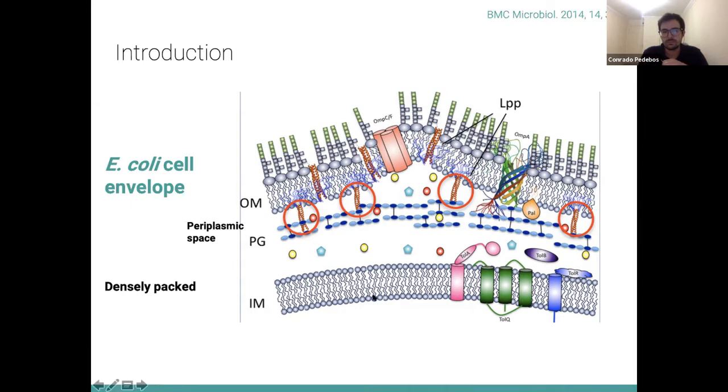Then we have the inner membrane, which separates the cytosol from the rest of the molecules. Between these two membranes, we have the periplasmic space. And in the middle of the periplasmic space, we have the cell wall, which is composed of peptidoglycan.